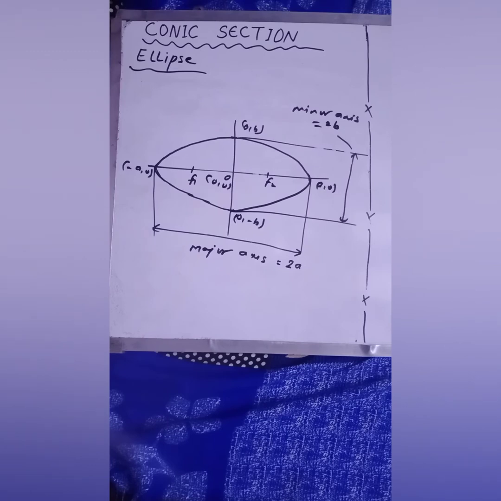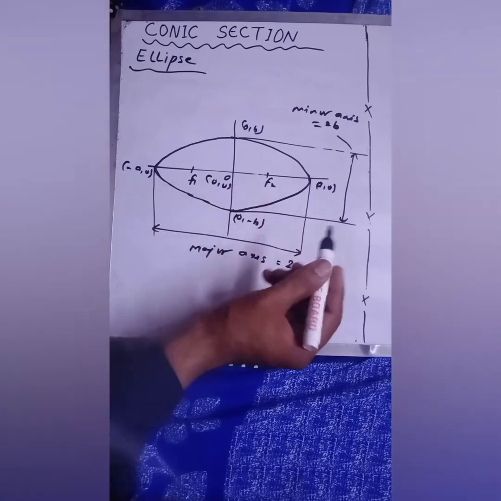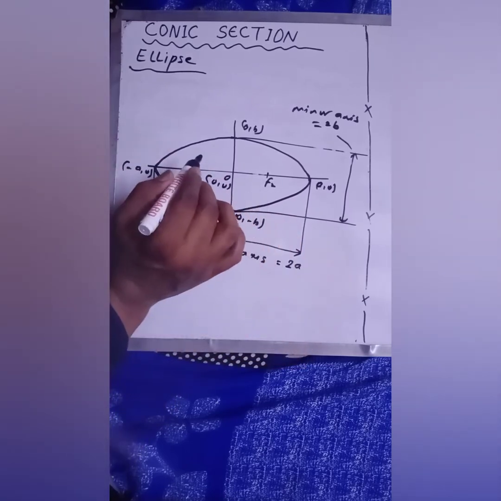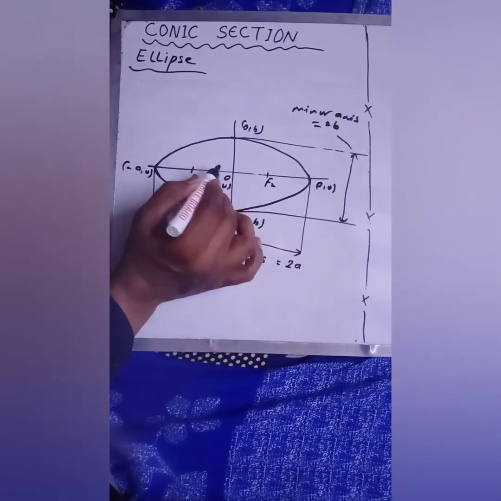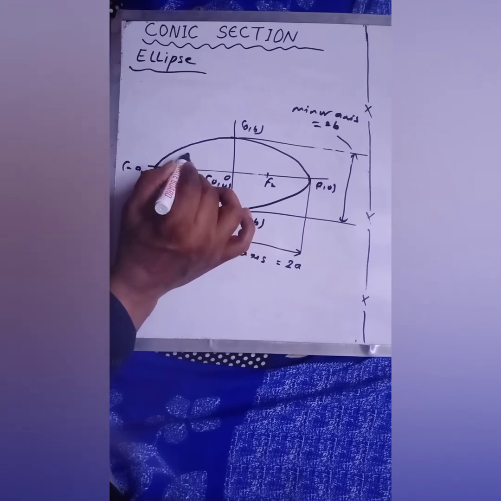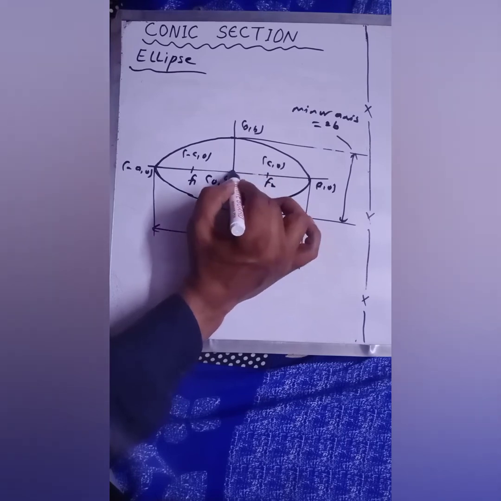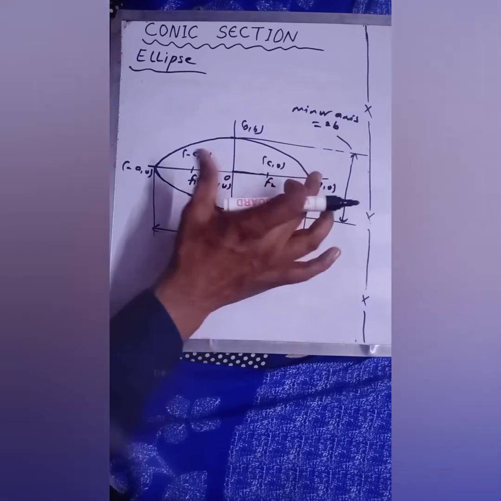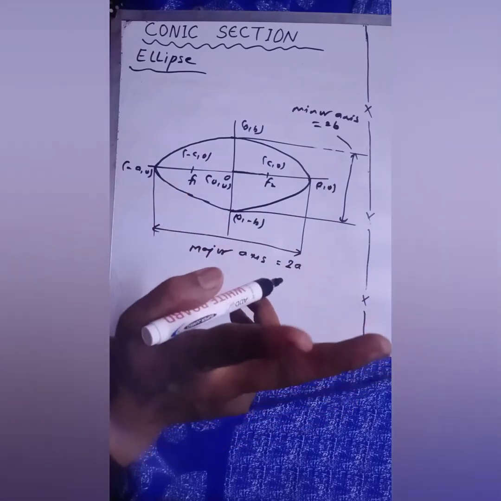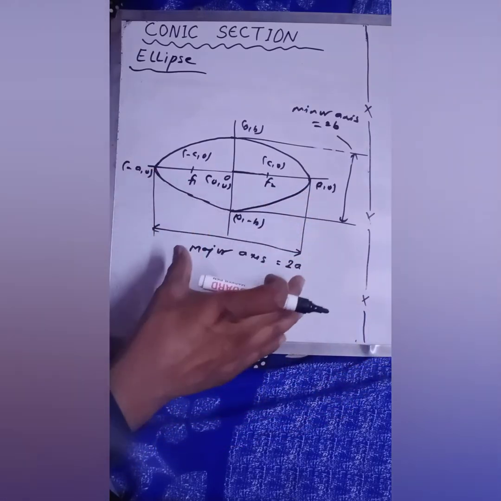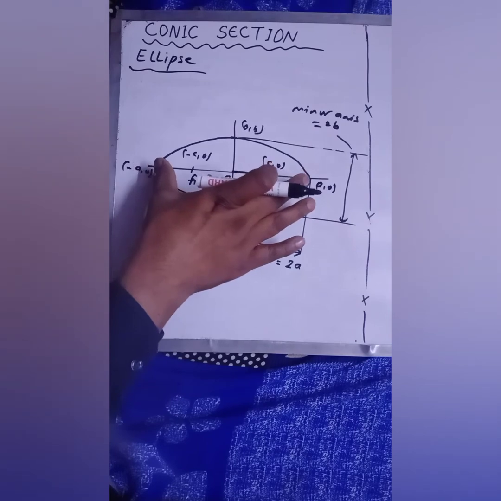f1 and f2 are known as the foci of this ellipse. So the coordinates of the foci would be minus c comma 0, and here this would be c comma 0, because it is lying on the x-axis. So there are two types of ellipse. Here I'm talking about when the major axis lies on the x-axis.